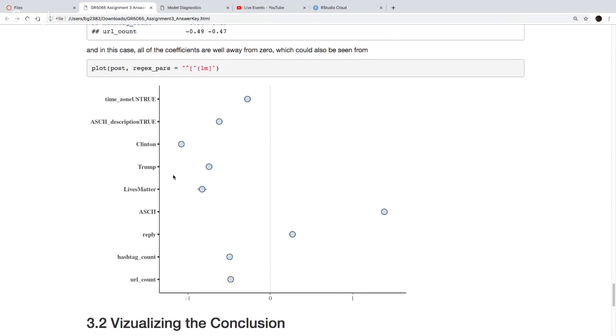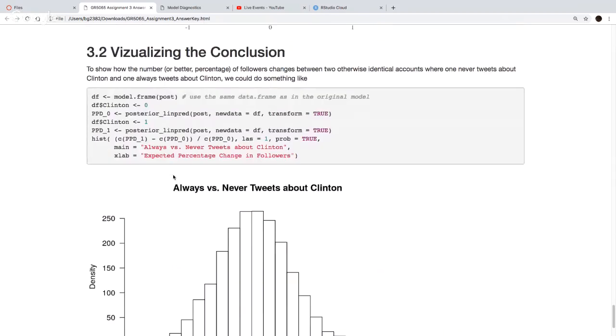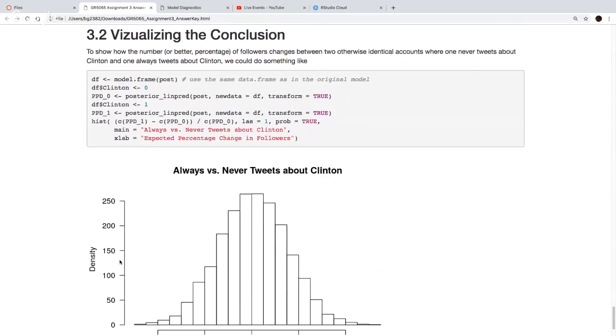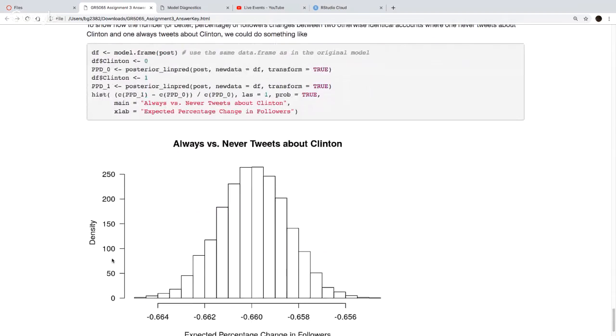And then in terms of visualizing one of those things, if we want to do the Clinton variable, let's say, we can make a copy of our data frame that was used when doing this with model.frame. That already takes into account that some observations have to get dropped because they have missing values. And then set all of those to 0, which is to say, imagine an account that never tweets about Clinton.